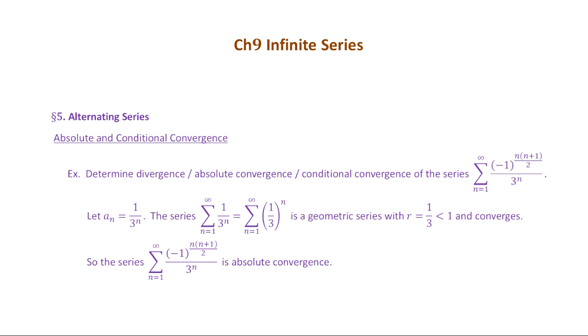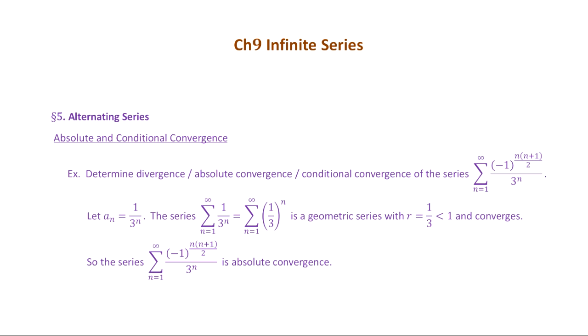But if you just consider the absolute value, it's just 1 over 3^n, and the top is just a sign. So this is (1/3)^n, which is a geometric series with the ratio r equal to 1/3, which is less than 1, and that converges.